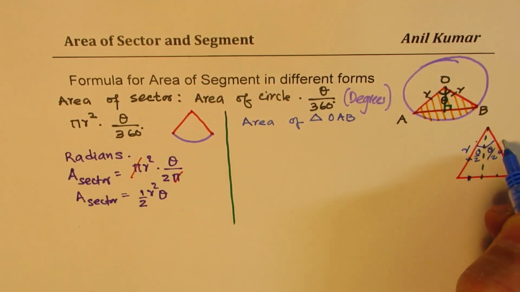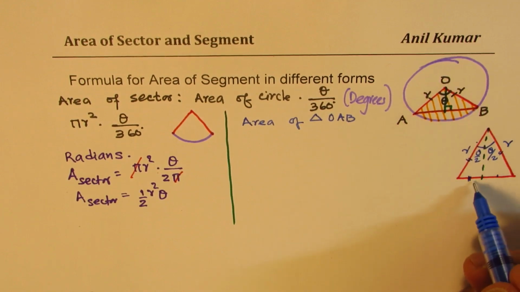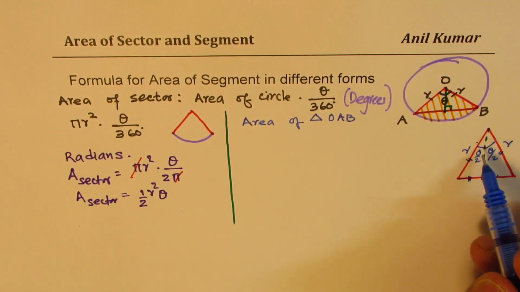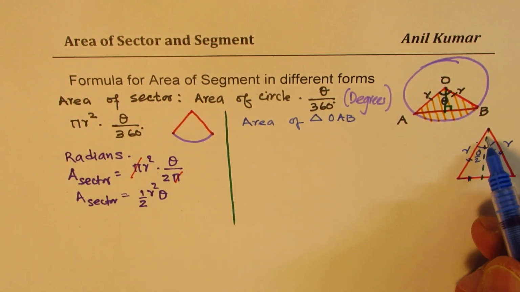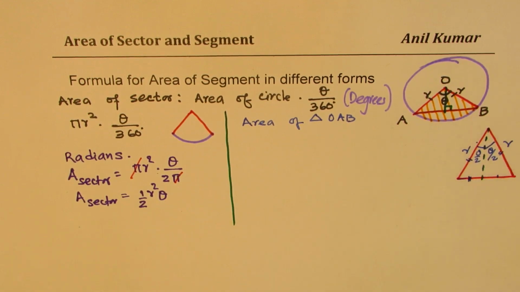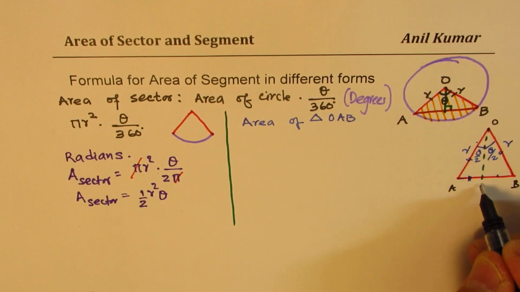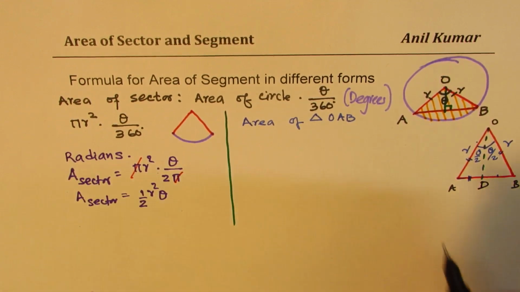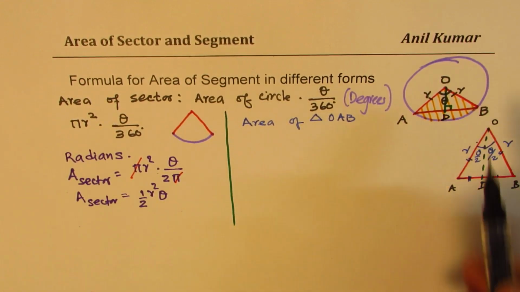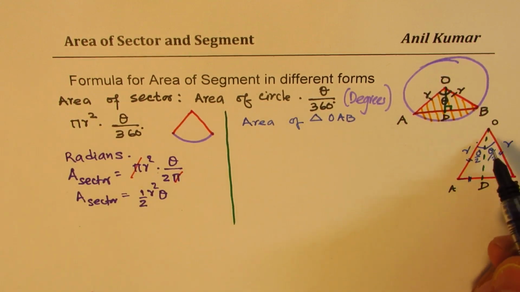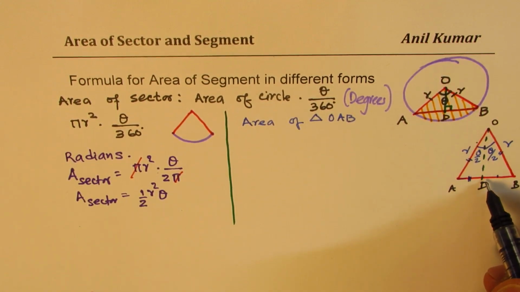When the sides are r, what is the height and what is this side? So if you look from the theta by 2 angle, which is OAB, let's call this point as D, for example. Okay. In that case, what is OD equal to? And what is AD equal to, right?